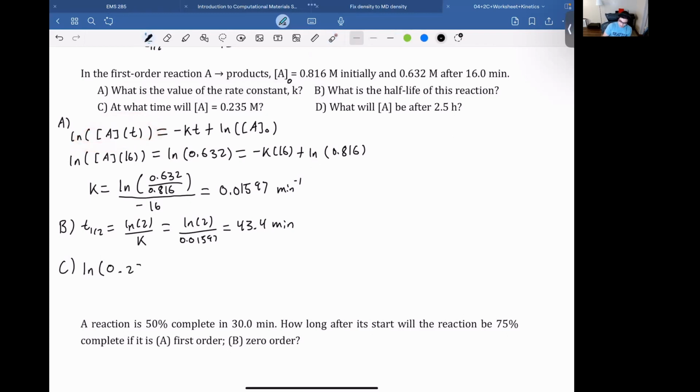So we have ln of 0.235 is equal to negative K, which is 0.01597, times t. That's what we want to figure out, plus ln of 0.816. You algebraically solve for t here. I am going to skip the algebra.